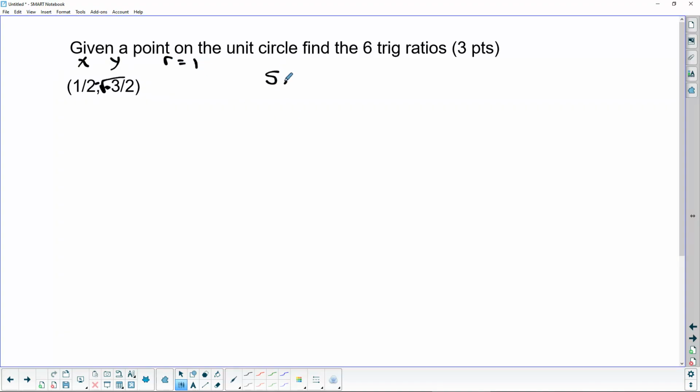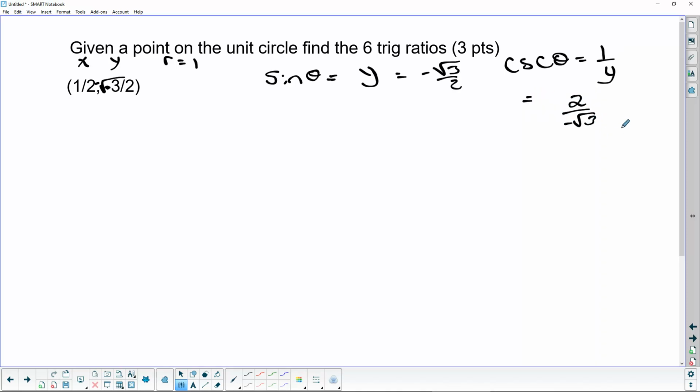So sine theta, that's pretty easy. That's just y, which equals negative root 3 over 2. Then we have cosecant theta, that's 1 over y. So that's going to equal 2 over negative root 3. Okay, then you have to rationalize it.